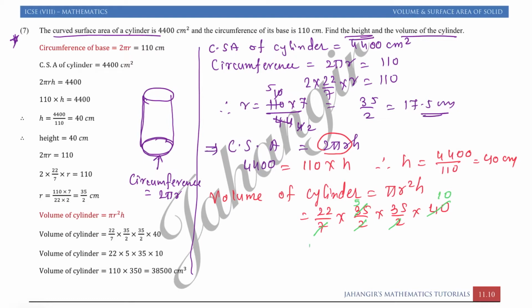So 22 into 5 is 110, into 35 into 10 is 350. So 38500 centimeter cube.